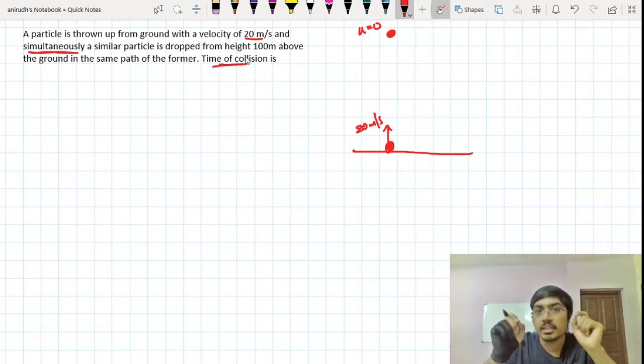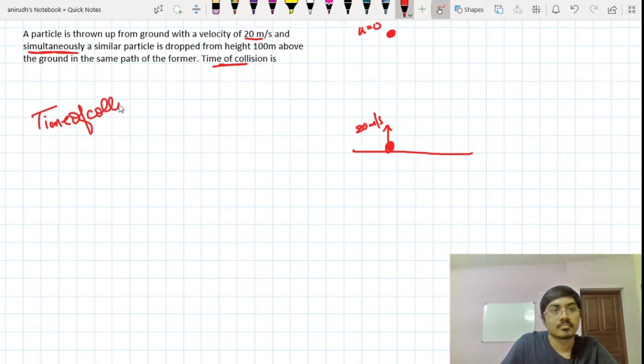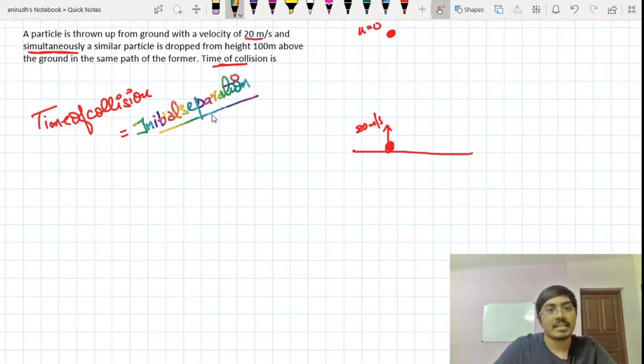So whenever you get a question like this, remember time of collision is equal to, what? This is important. Initial separation divided by initial relative velocity.